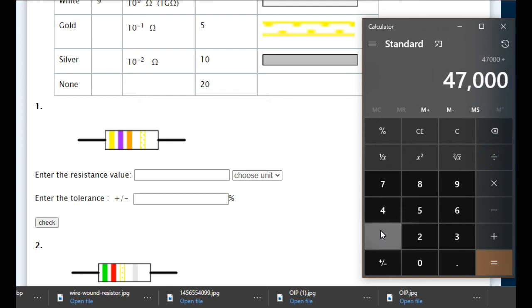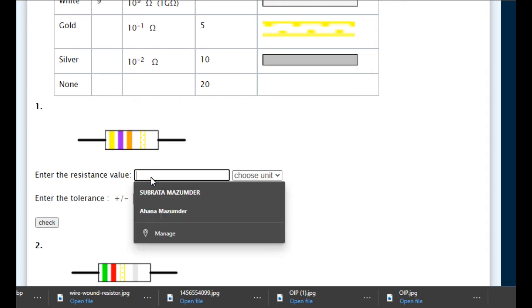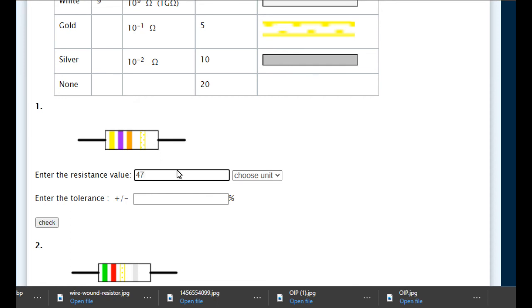If you want to convert it into kilo ohms, then divide by 1000, or multiply by 10 to the power minus 3, so it will come in kilo ohms. So the final value will be 47. Choose the unit as kilo ohms, and enter the tolerance.